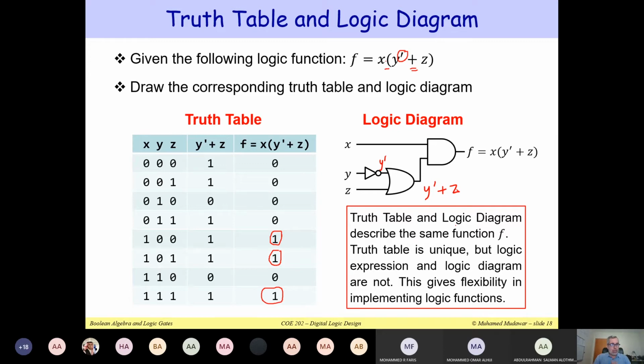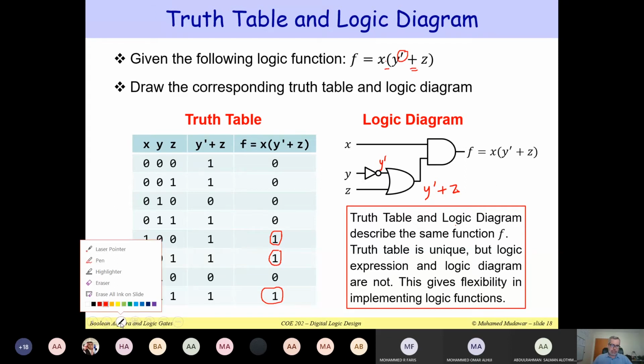The truth table is unique, so the values of the zeros and the ones for the function are defined uniquely by the truth table. However, the logic diagram here is not unique. You can actually draw a different logic diagram for the function f.